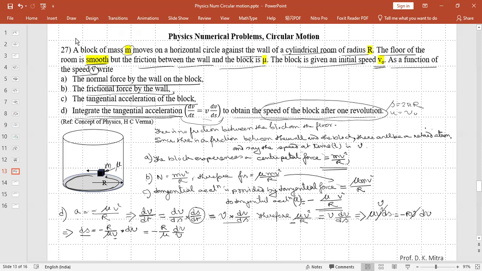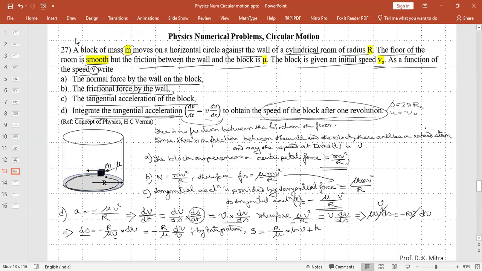Now what we can do, by integrating both sides, by integration, what we find, integration of ds is s, minus r by mu is a constant, and integration of dv by v is natural log of v, that we have seen in differential equation formula, plus there will be a constant, say there is a constant k.